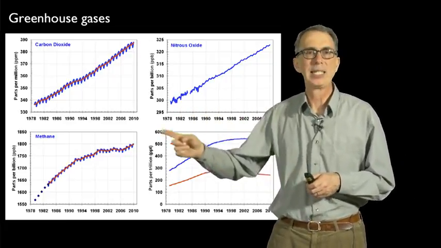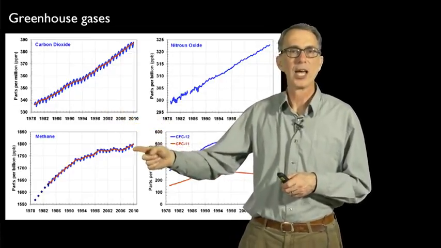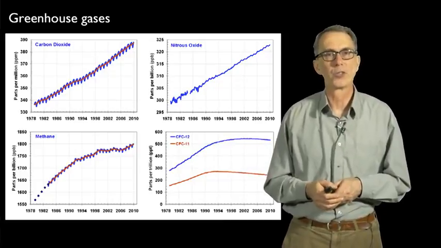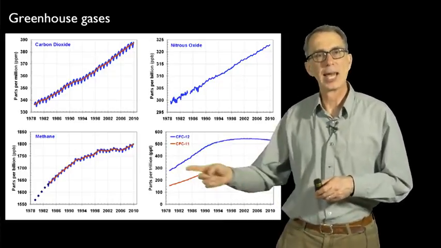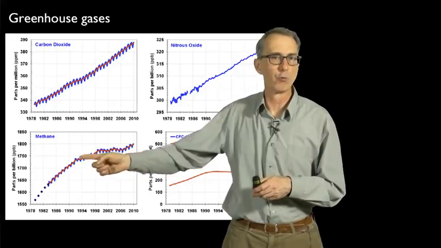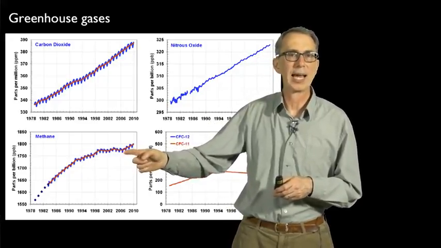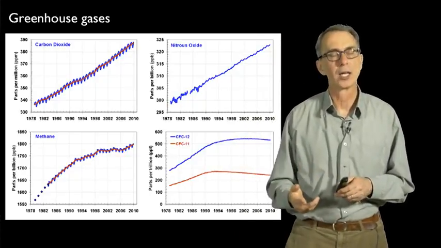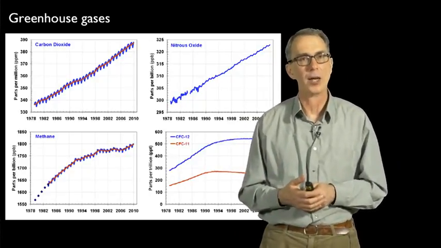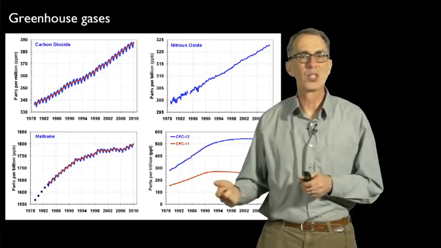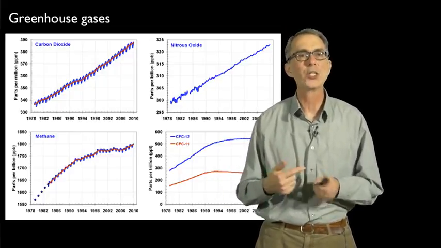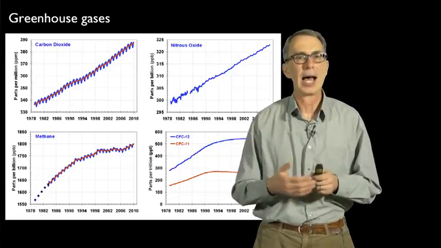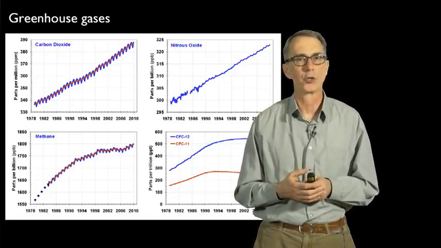This is the concentrations of methane from the same sorts of sites, and we see that methane concentrations grew rapidly, then they slowed down again, and recently they've started to grow again. Methane has a shorter lifetime in the atmosphere, and that means that it's removed more quickly, and so changes in the sources of methane affect more quickly the changes in concentration.